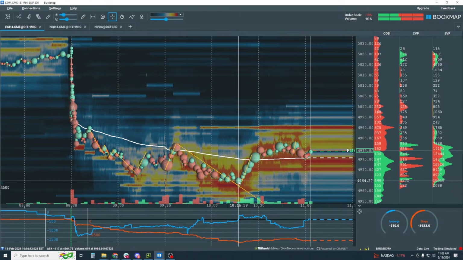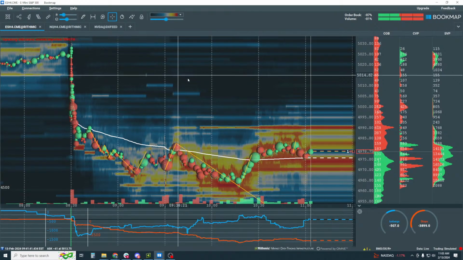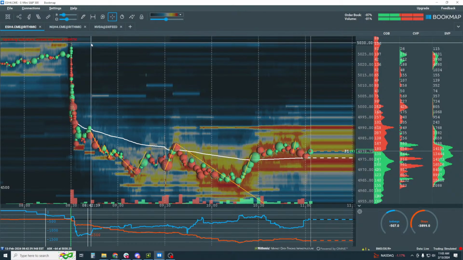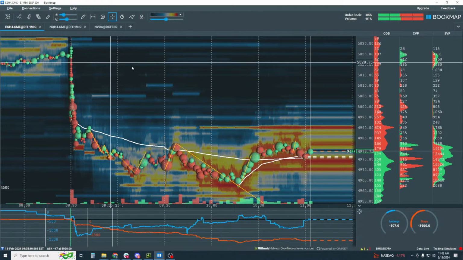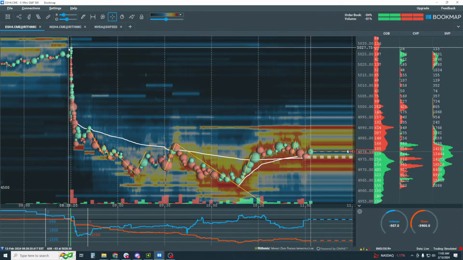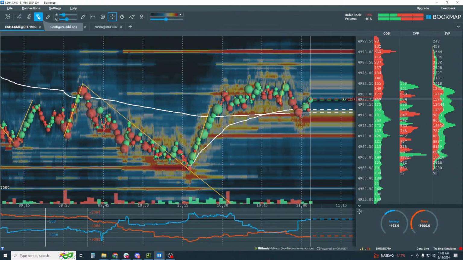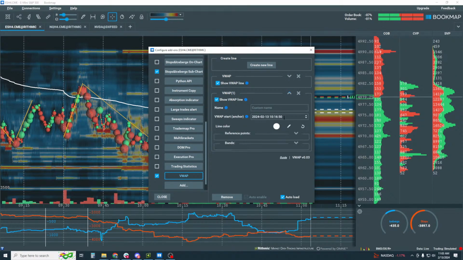We can add another one. We're going to right click down here, add another VWAP. Okay, now it's anchored where I clicked, right? Right here, right up here, and right here. Now let's go into our anchored VWAP, and the first one that we clicked here, you can see you can put in the time that you want.